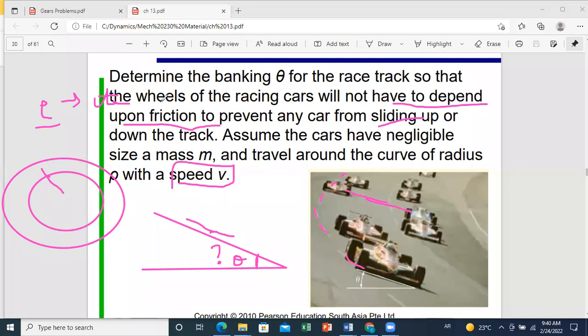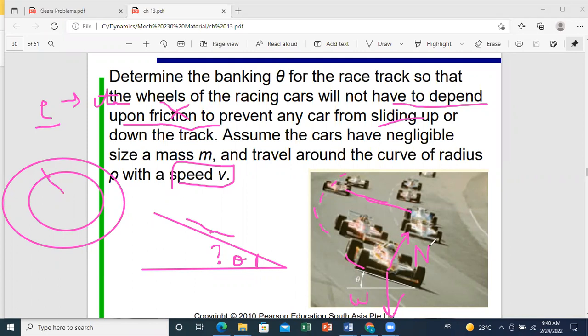Because I don't have friction, the only forces that will act on my car are the weight and the normal reaction. From the given, I understood that my Formula cars should not slide up and down. They should move just on a circular path, not subjected to friction.